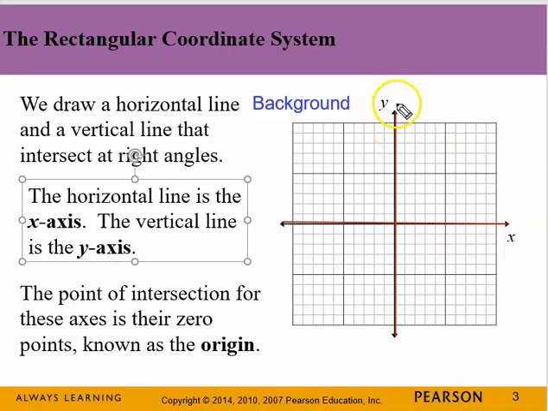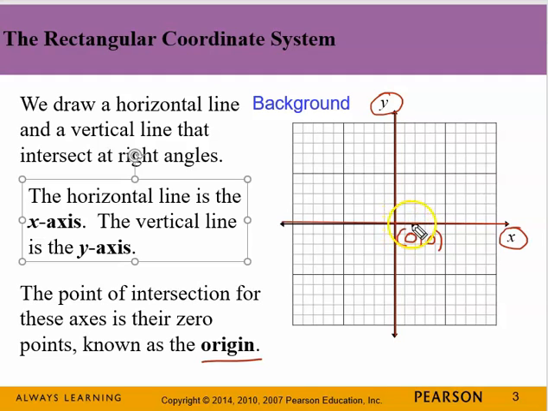Now, the vertical number line is the y-axis, and you should label that. The horizontal line is the x-axis, and label that. Now, since they're number lines, at this point is the ordered pair 0, 0, which is the origin.